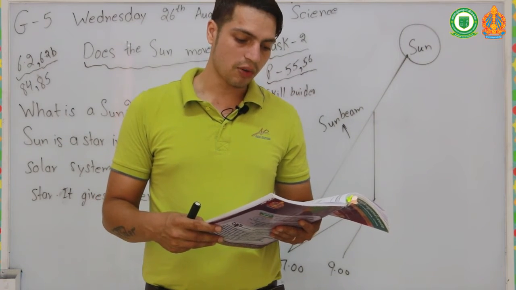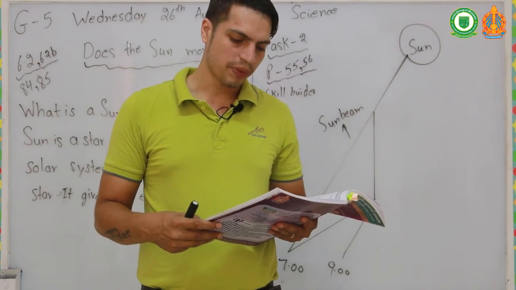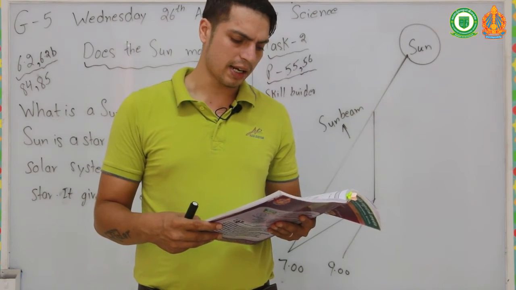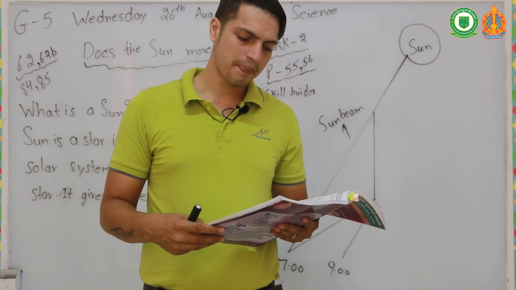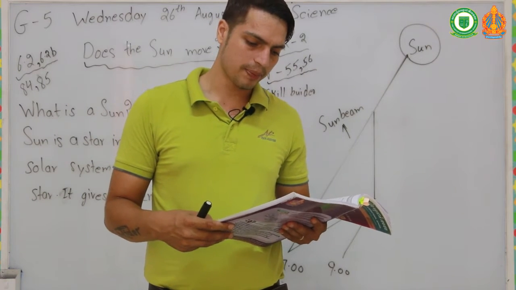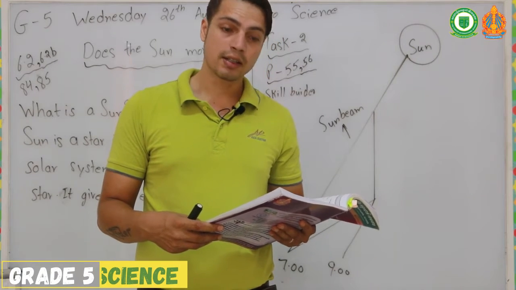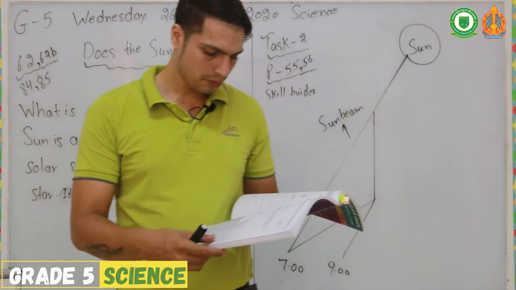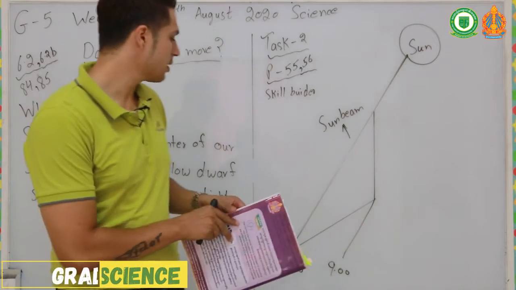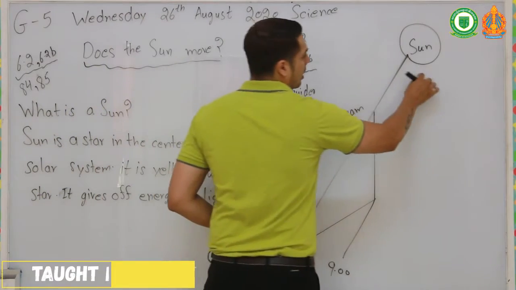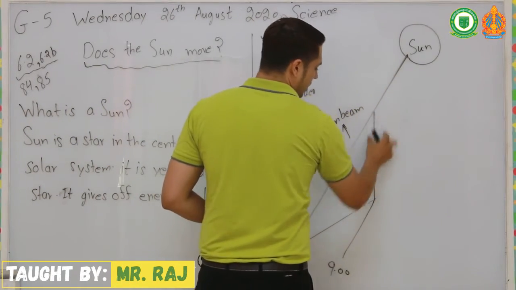Here is a picture of a shadow stick experiment. Look at the position of the sun at 9 o'clock. A sunbeam comes from the sun and casts a shadow of the stick, labeled 9 o'clock. So like this, you can see the sun here, and here is a stick.